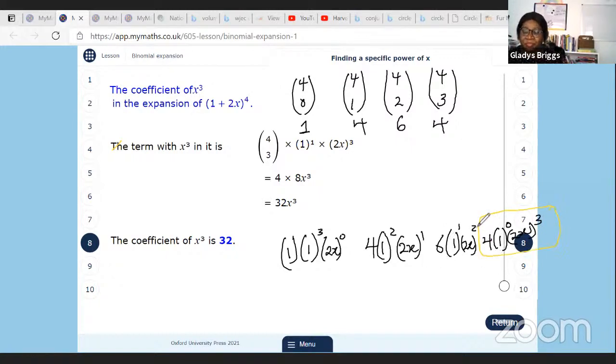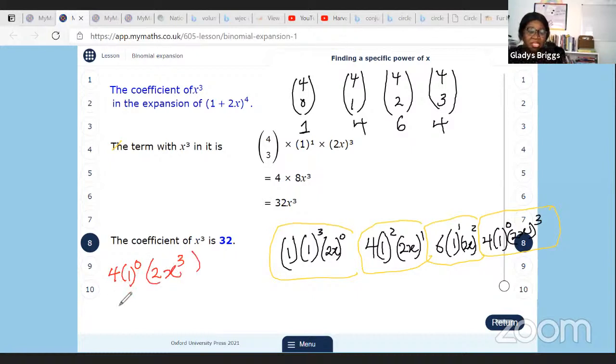Okay, you have to do all 4 of them. Since you're not an expert yet, I will not advise you jump straight to this one. I think you should write it all out in expanded form first so that you see which one they're after. So on that one, you have 4 times 1 to the power of 0 times 2x to the power of 3.